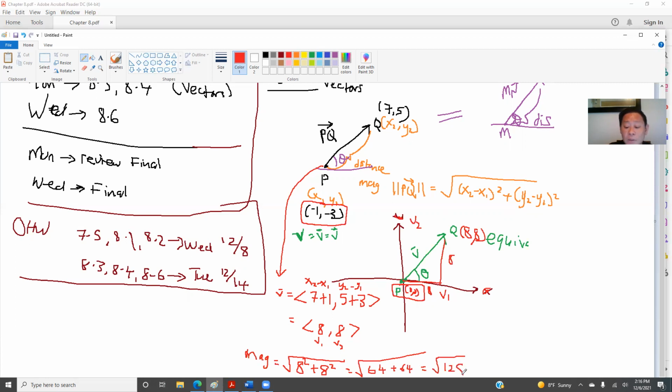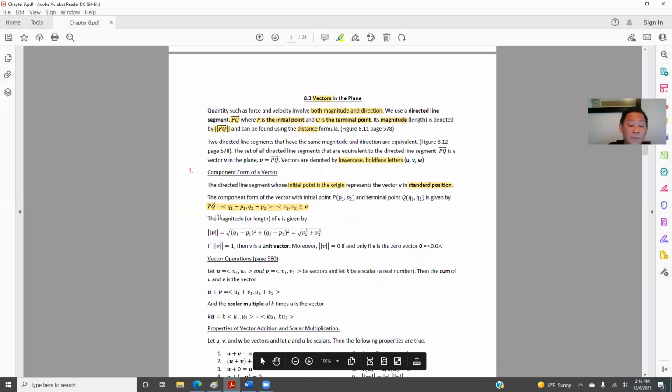Magnitude means the distance, so the distance from P to Q is root of 128. The formula is: the magnitude of V is the square root of V1 squared plus V2 squared. If this magnitude is exactly 1, we call that vector a unit vector. If the magnitude is exactly 0, we call it a zero vector.